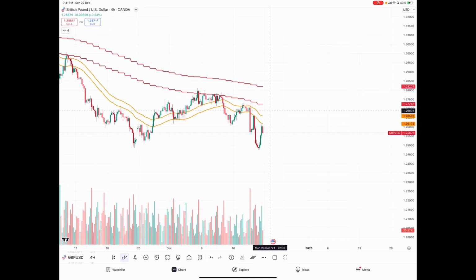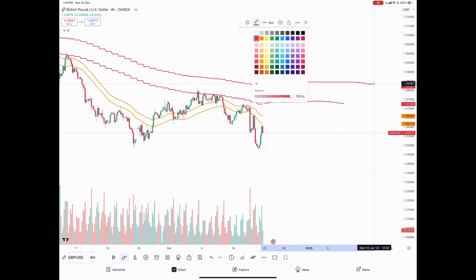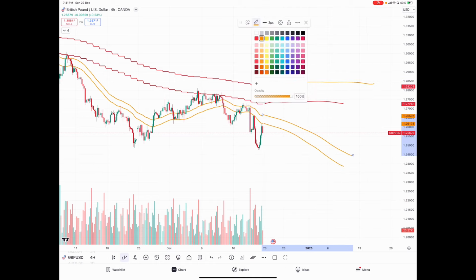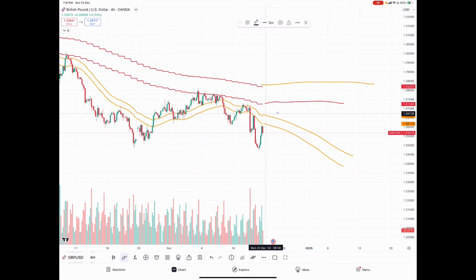So if it gaps up, it can reverse from here, or it gaps down where here it will retrace back to this orange line and continue the move.